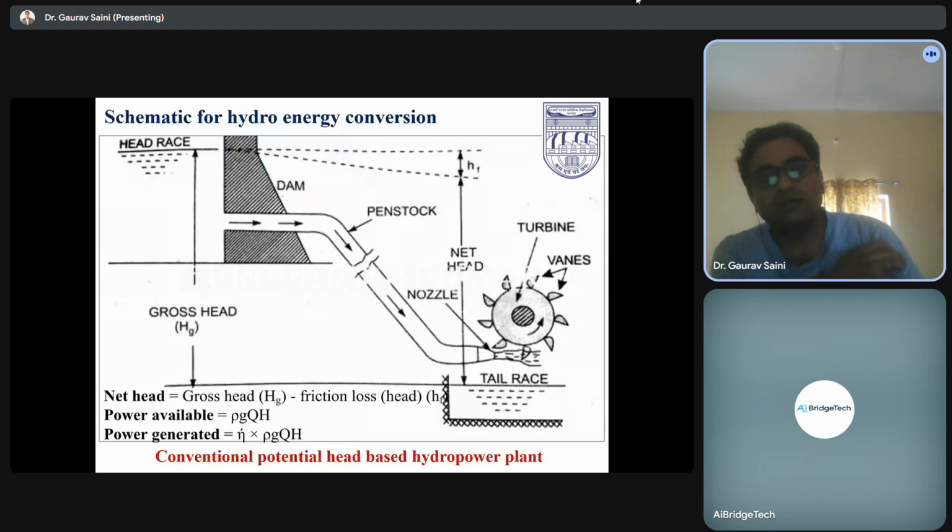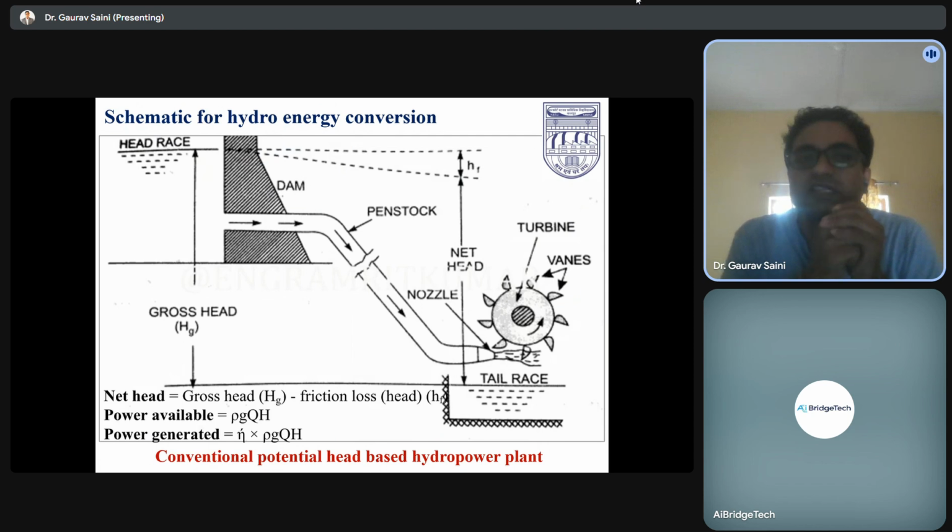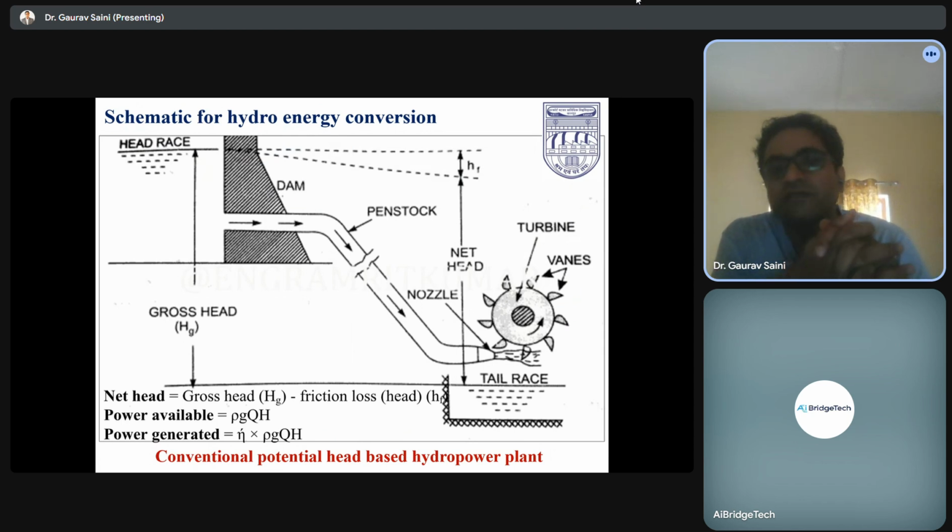Once we think about hydropower, the first thing that comes to our mind is that we need to create a dam, and the water stored in the structure has to be carried through conduits to the machine, which drives a generator, and that generator gives us the best form of energy, that is electrical energy.